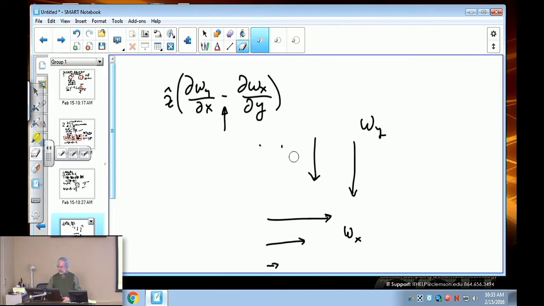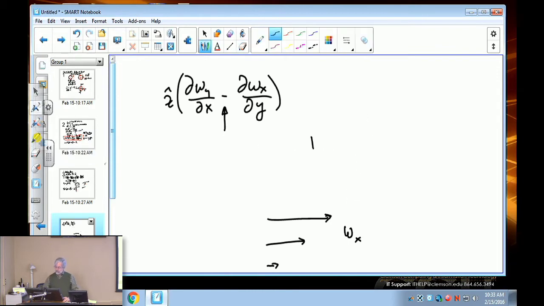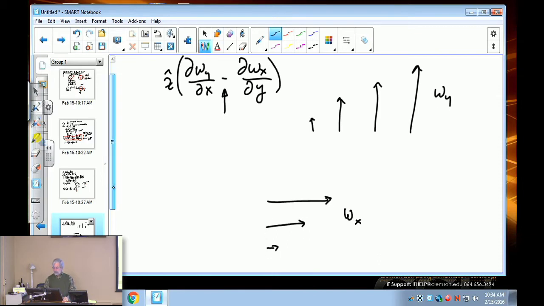Let me go back to this. Okay, if wy is increasing with x, then we would get clockwise flow. But the example that I showed you before had flow in the opposite direction, which is why we get a negative 2. Okay. So both of these kinds of change in w would contribute to the curl. So w here is changing perpendicular to its direction.